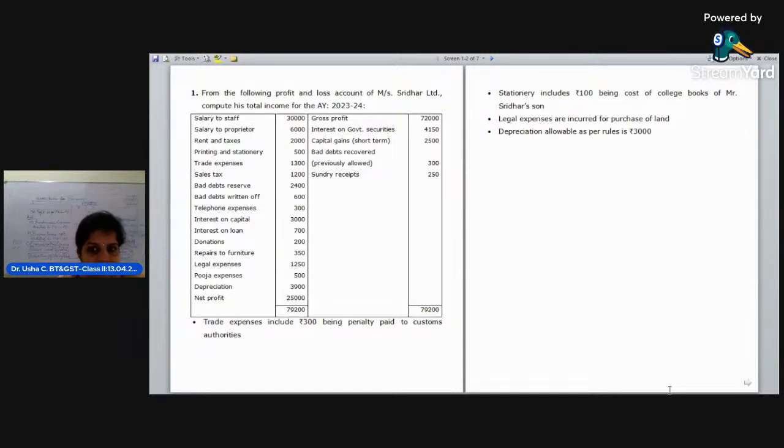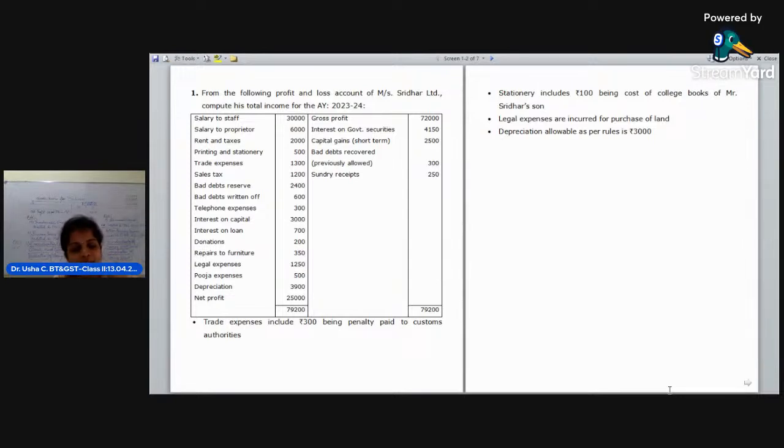Of course, legal expenses, if incurred for the business activity, can be considered. Next, puja expenses, of course, it is for the business, it can be considered. Next, depreciation of 3,900. Let us look into the additional information given. If this depreciation is allowed as per the Income Tax Act, then we can consider this as an admissible expense. If not, we have to make an adjustment.